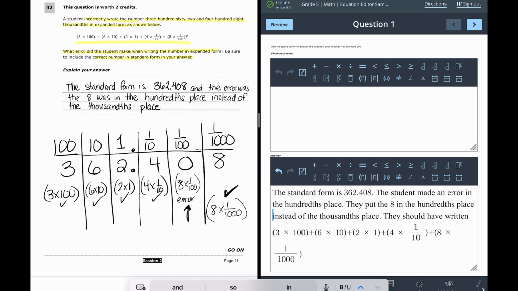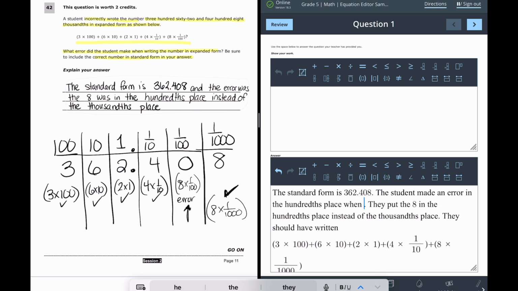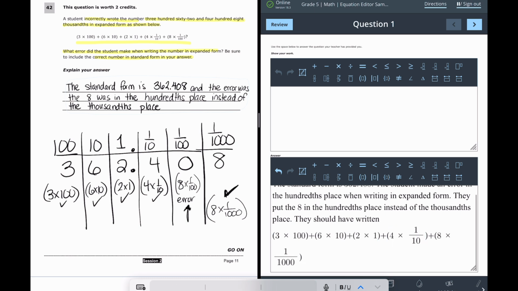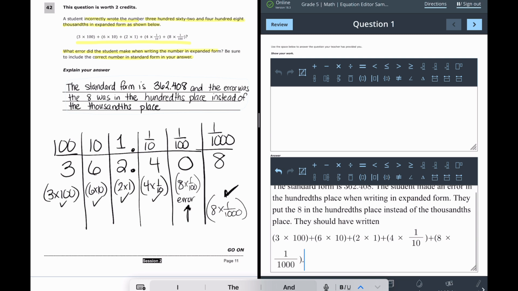The student made an error in the hundredths place when writing in expanded form. They put the 8 in the hundredths place instead of the thousandths place. They should have written 3 times 100 plus 6 times 10 plus 2 times 1 plus 4 times 1/10 plus 8 times 1/1,000. And done. Makes total sense.